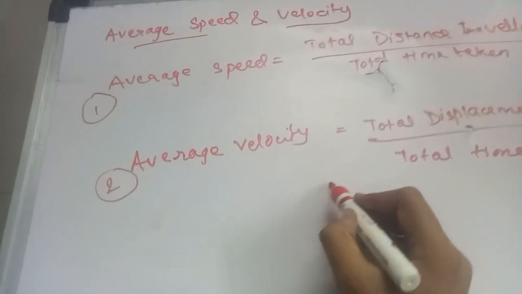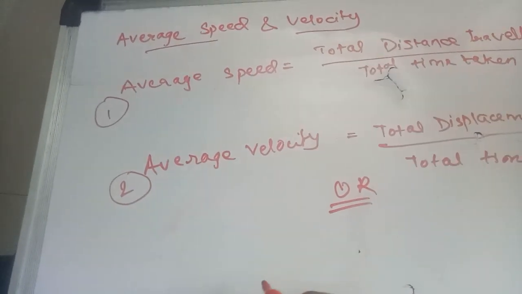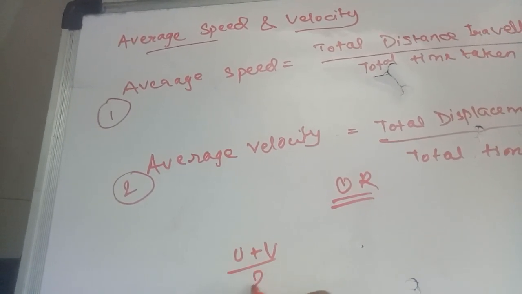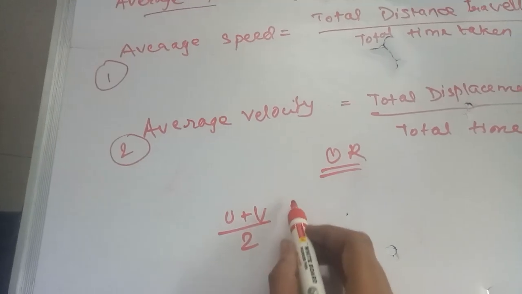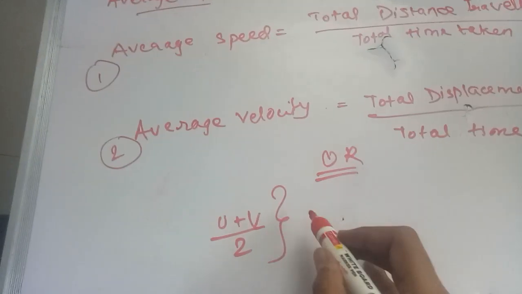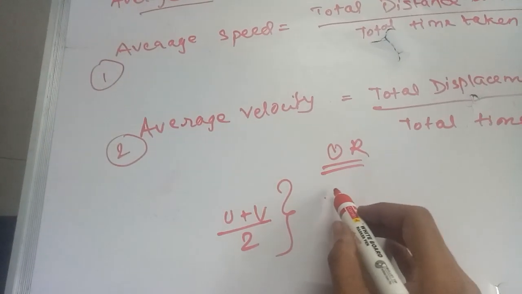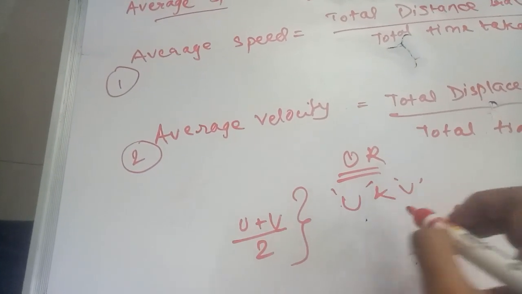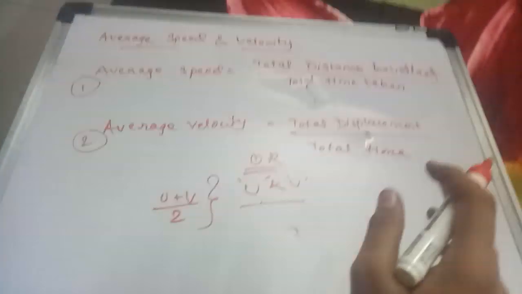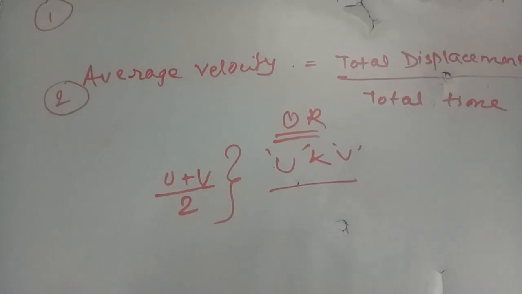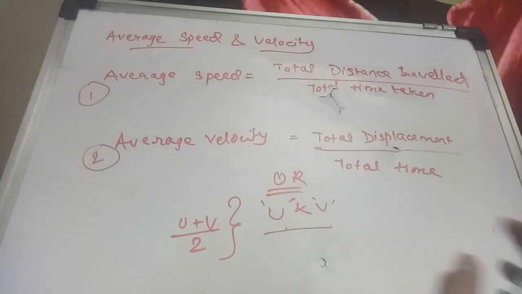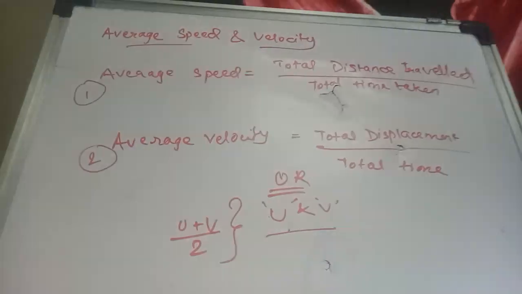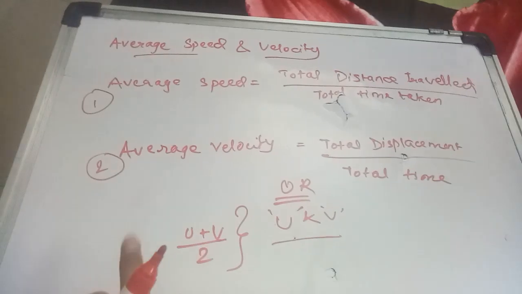In some cases, average velocity is taken as (u + v)/2. This is used only in cases in which u and v, the initial and final velocities, are given, and we are asked to find average velocity. So we'll apply this formula there, and not use the other.